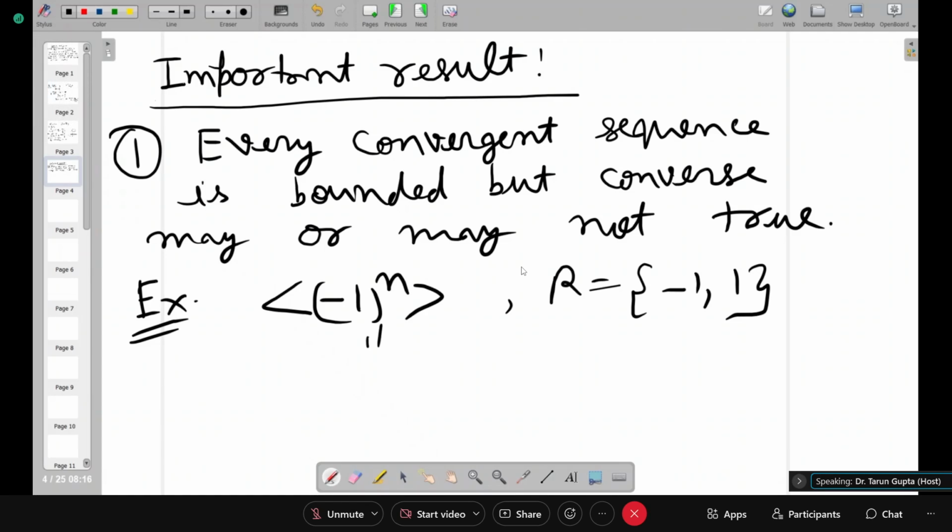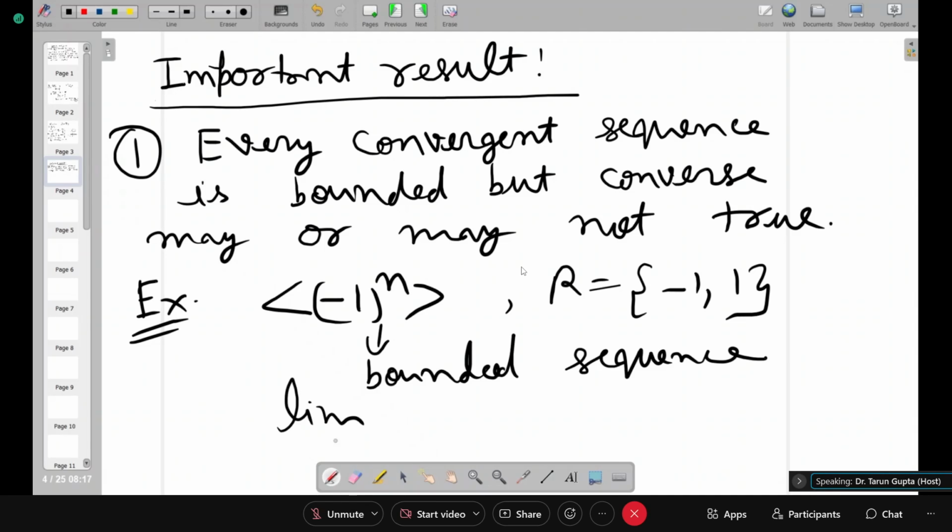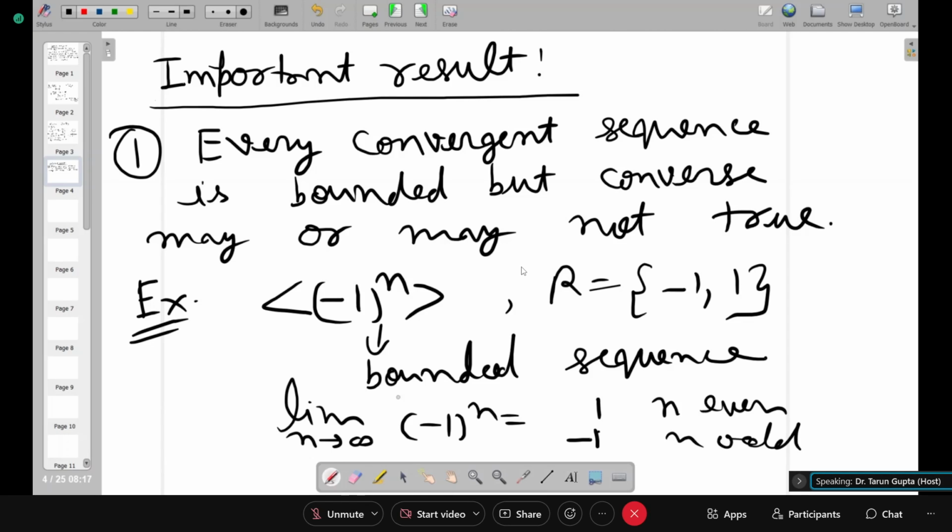So this is a bounded sequence, but this is not convergent because when we find the limit, here the limit is not unique. It depends on n even or n odd. So this is not convergent. So every convergent sequence is bounded, but the converse may or may not be true. So this is the first result which we have to remember.